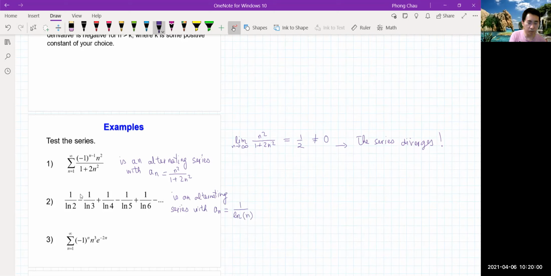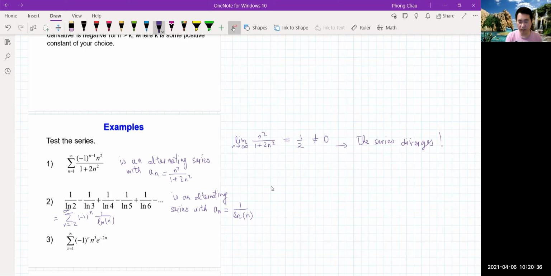Alternatively, you might want to write the formula first, although it's not required: (-1)^n times 1 over natural log of n, starting at n equals 2 to infinity. So you plug 2 in, you get that term, then 3, and so on. But you see this is the a sub n.